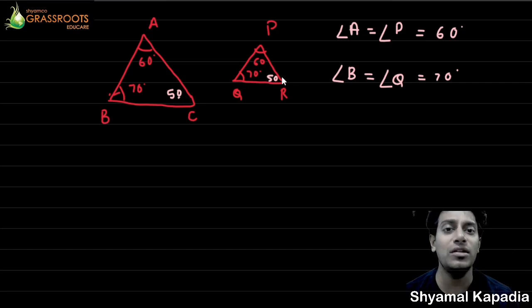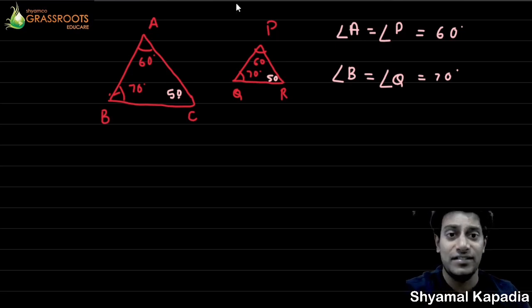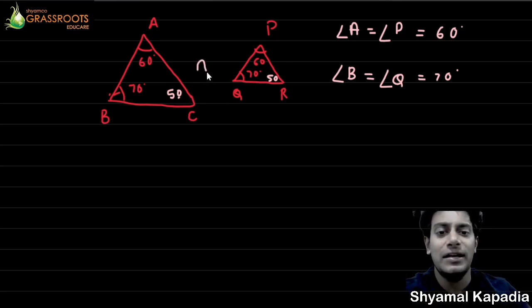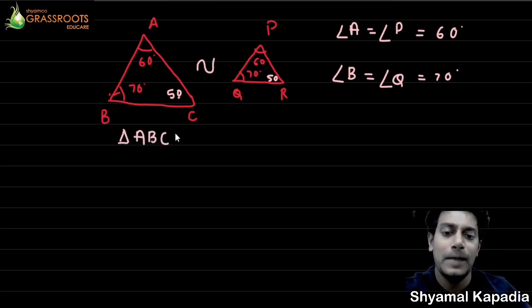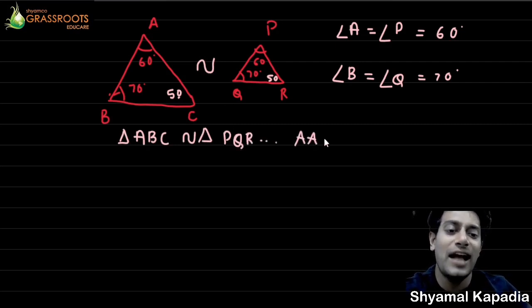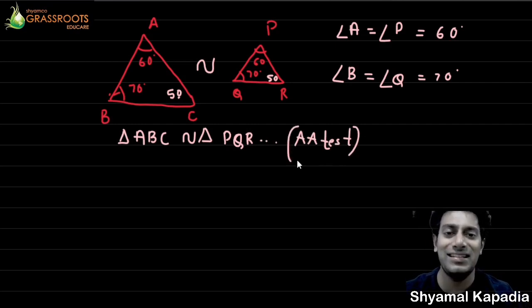So can I come to a conclusion that in order to prove similarity, the third and the most important test is angle test. So I can say that triangle ABC is similar to triangle PQR, and the reason is angle test of similarity. And please remember one thing, that you don't have to prove the third angle at all.